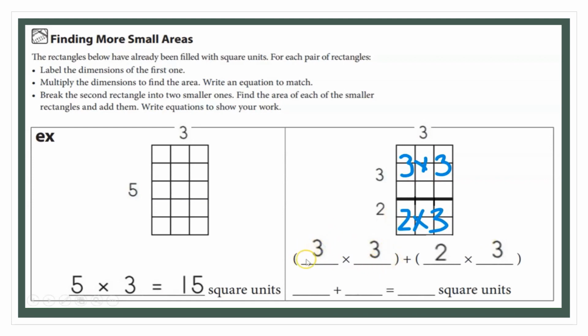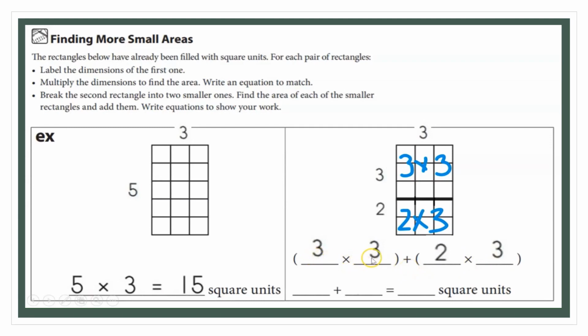These parentheses are here to show that we're first finding the area of our top rectangle, 3 times 3. Then we're going to find the area of our second rectangle by multiplying 2 times 3. When we have both areas or products, then we will add them together.